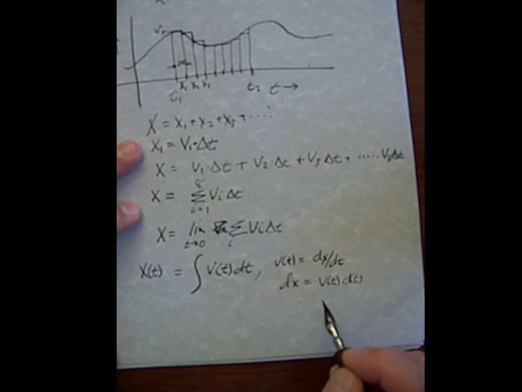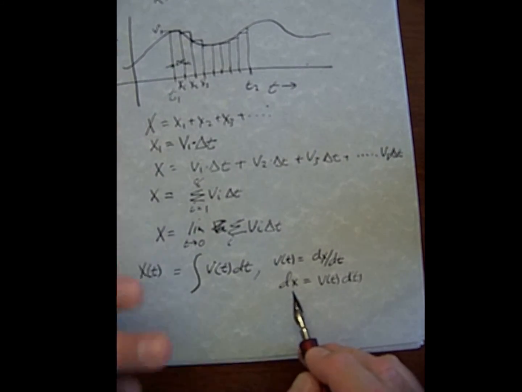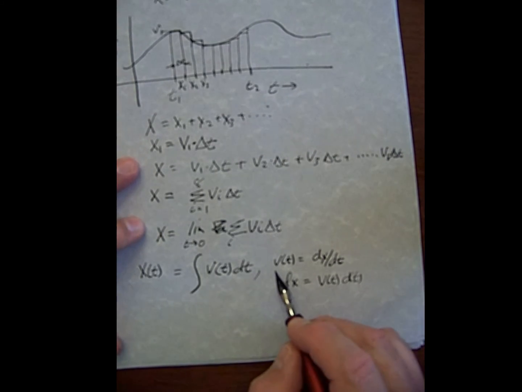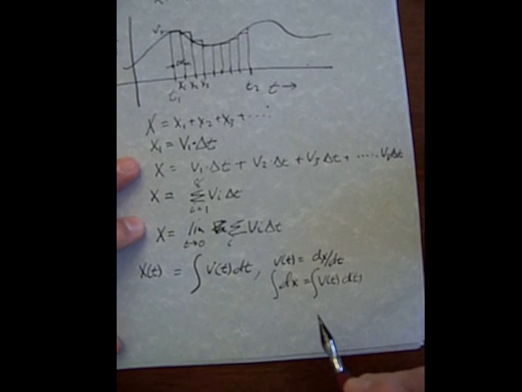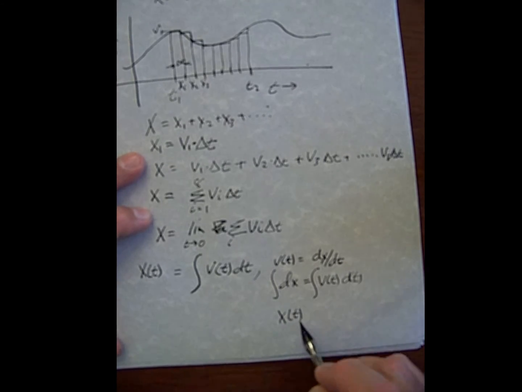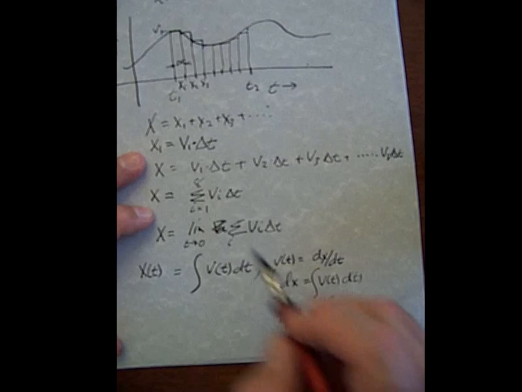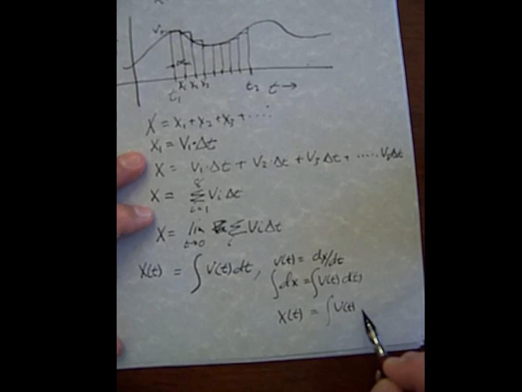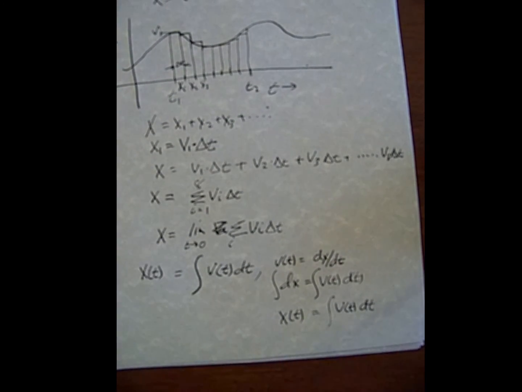We took the integral of both sides, and an integral is just the opposite of a differential. The integral of this equals the integral of this. The integral of the differential of x is just x of t, which equals the integral of v sub t dt. So you can get to this point either way.